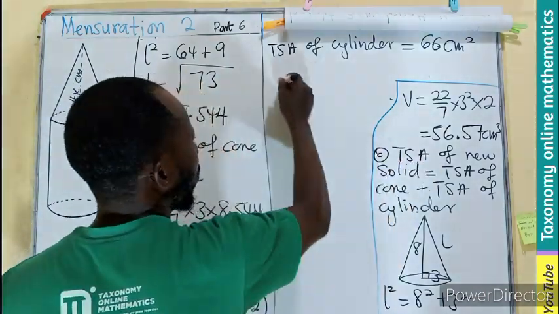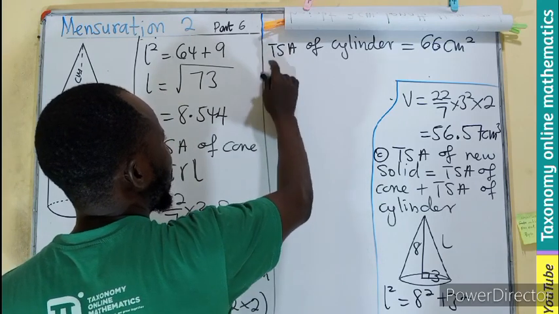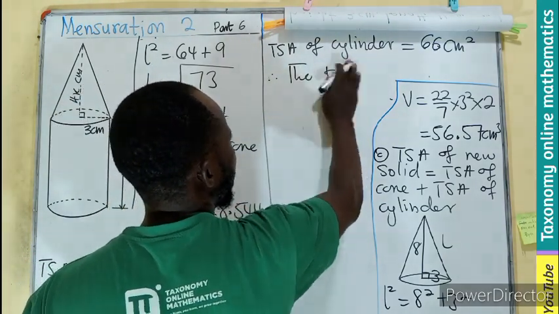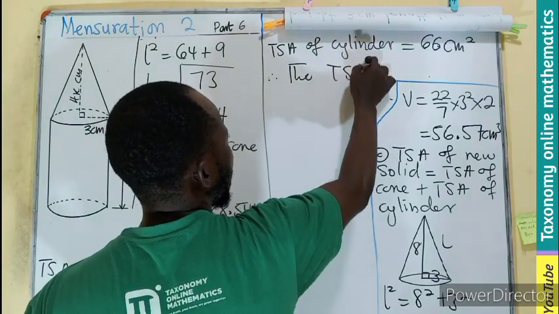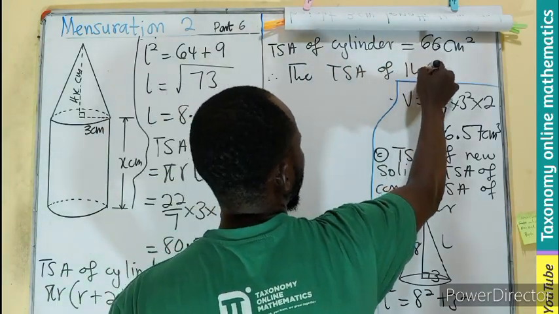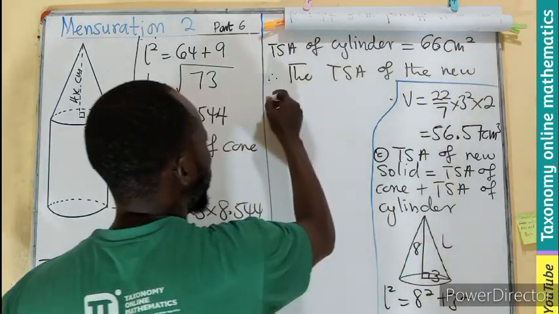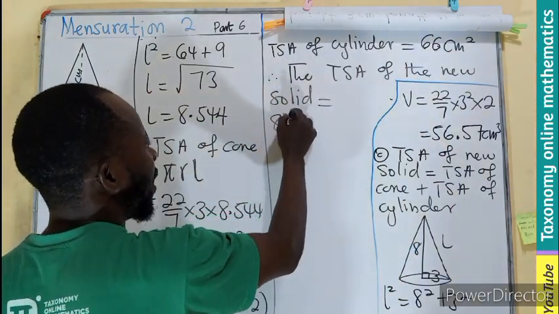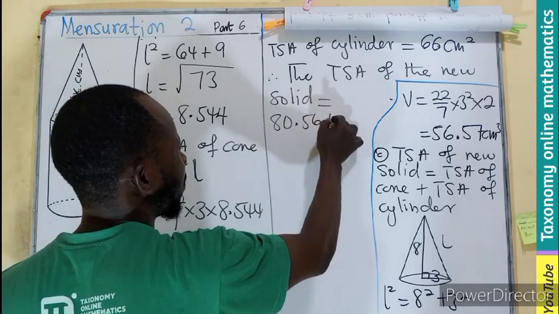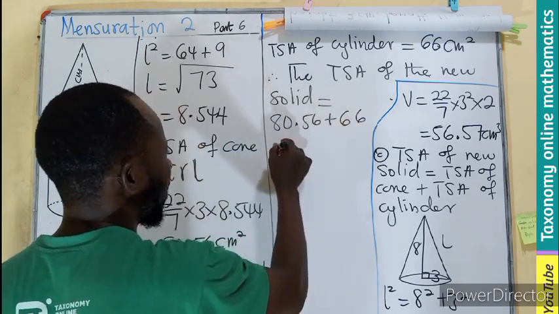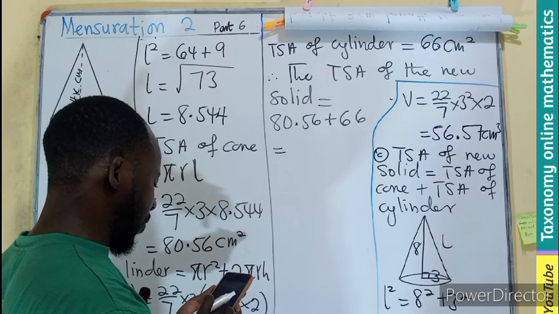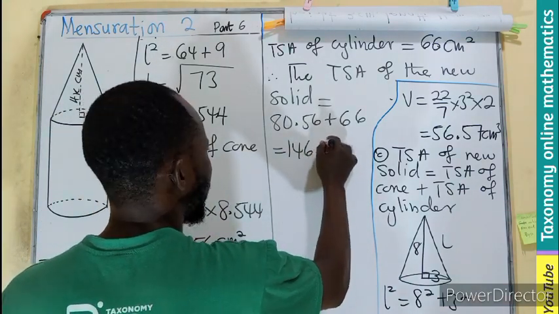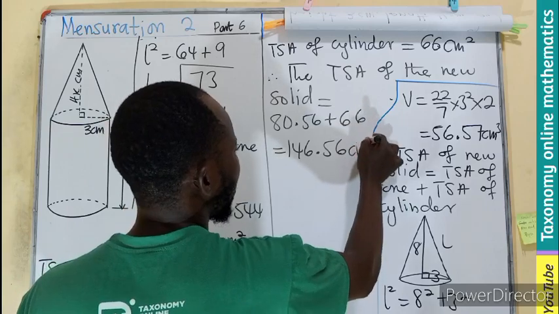So let's go for total surface area. Let me use the abbreviation: the total of the new solid will be equal to 80.56 plus 66, and that will give us 146.56 centimeter squared.